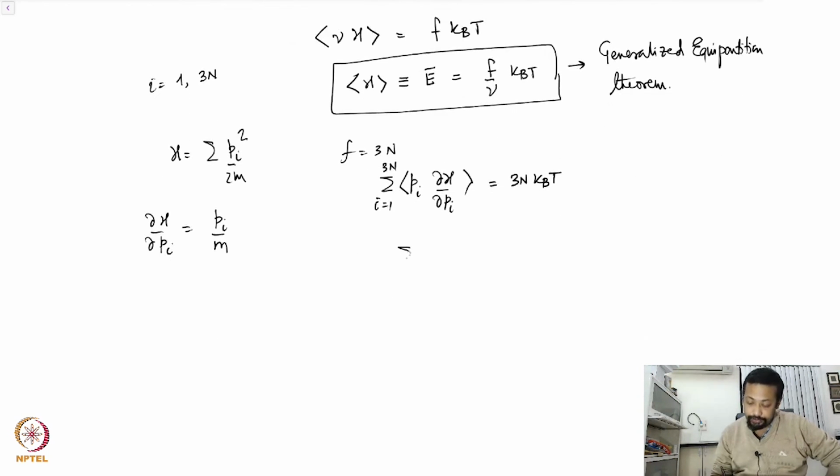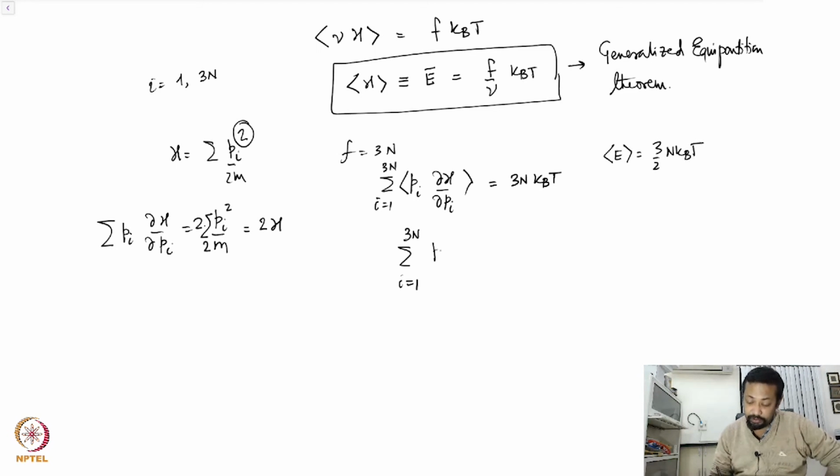So p_i times ∂H/∂p_i is p_i squared over m. We can multiply by 2, divide by 2, and take the sum, which is just 2 times H. So it's a homogeneous function of degree 2. Nevertheless, this would mean that the average energy in this case is going to be 3/2 N k_B T.